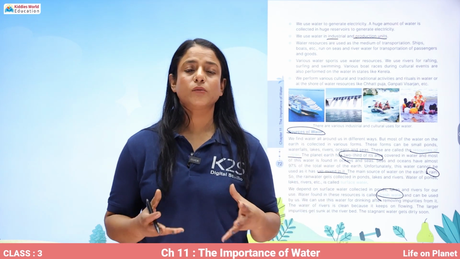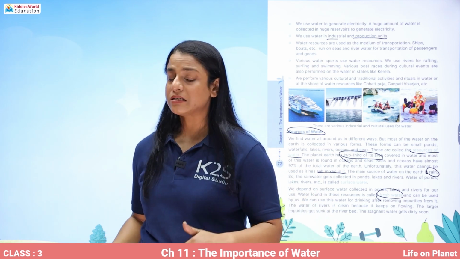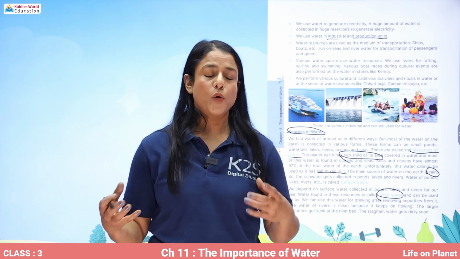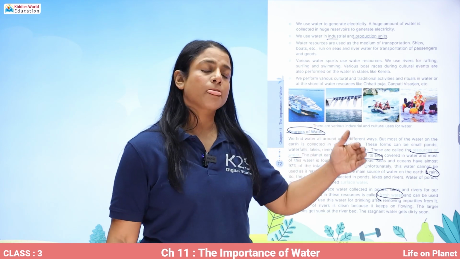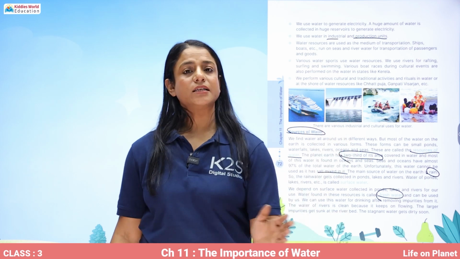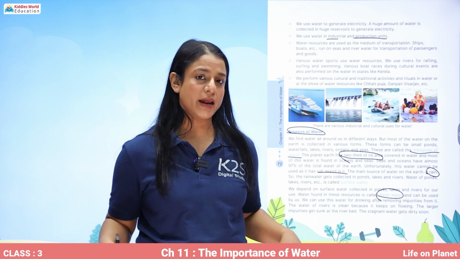Now, the water from the rivers is comparatively cleaner than the water in lakes or ponds. Why? Because the river is always flowing, and the impurities keep on flowing and eventually settle down on the river bed.